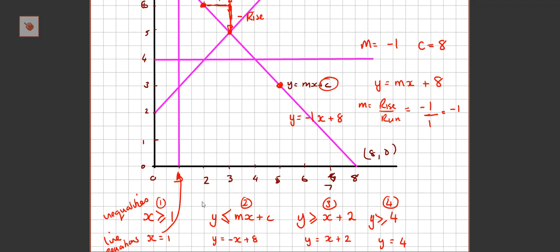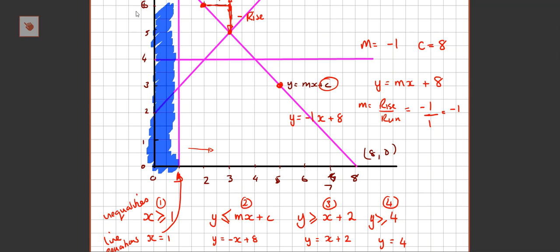I'm only allowed above that line, so the x direction with this line is that way. If I'm shading what I'm not allowed, I'm going to shade this side. I'm allowed x is greater than 1.